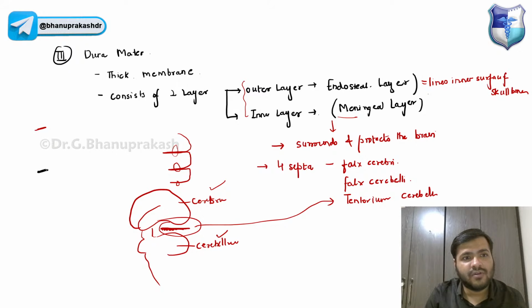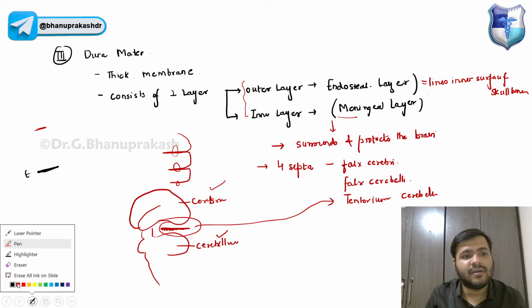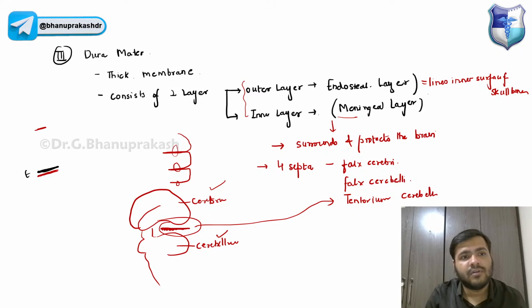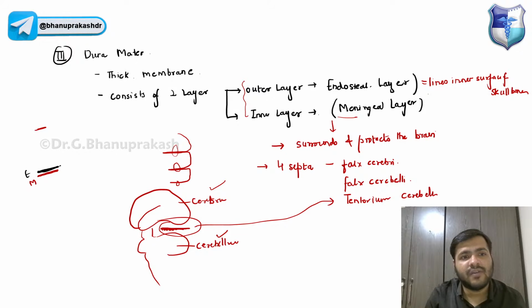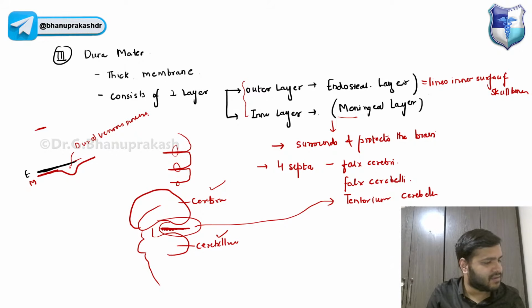If this is the endosteal layer and this is the meningeal layer, they are fused together, but at certain places they are not fusing with each other, and we have a fluid over here that is called the dural venous sinuses, right? These are specially called the dural venous sinuses.